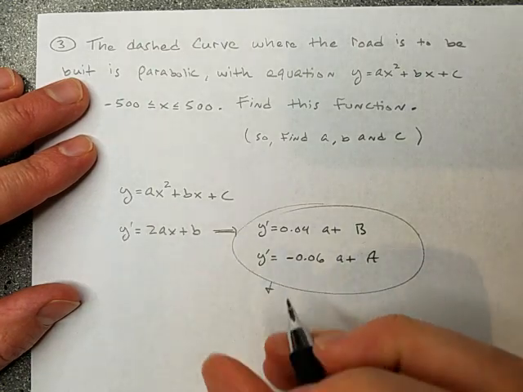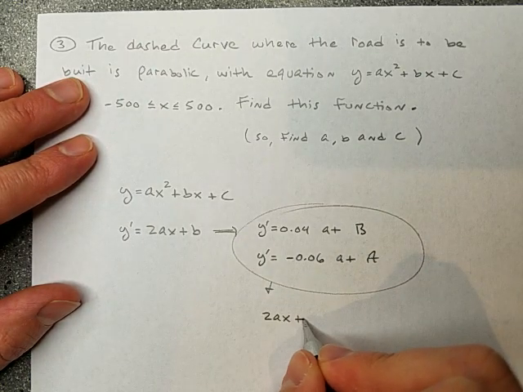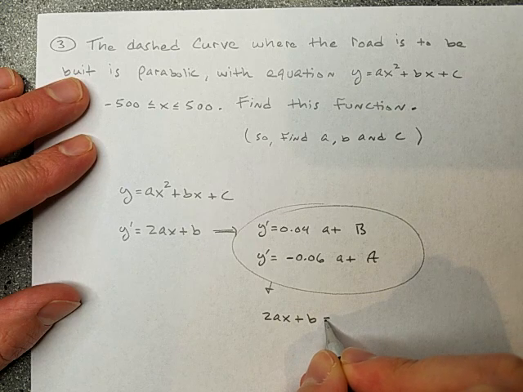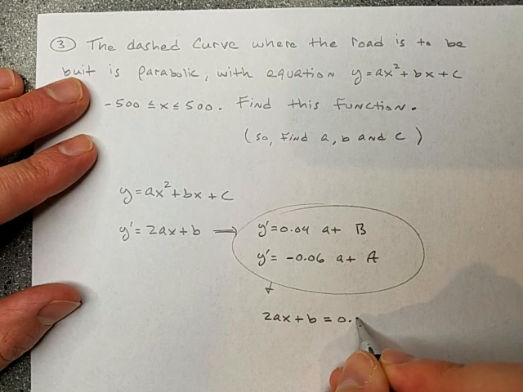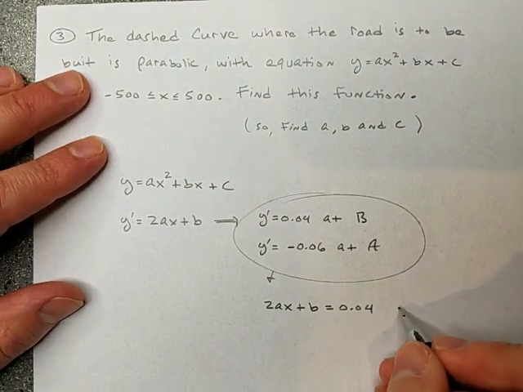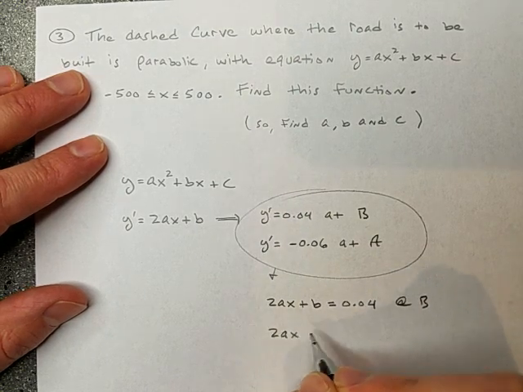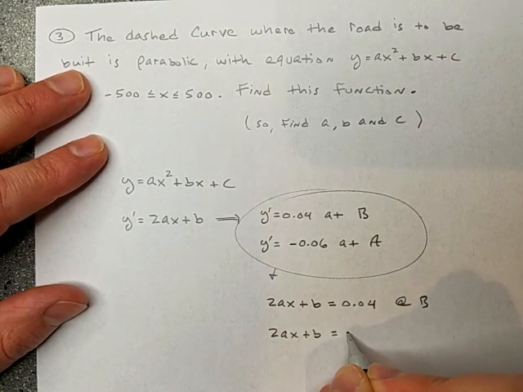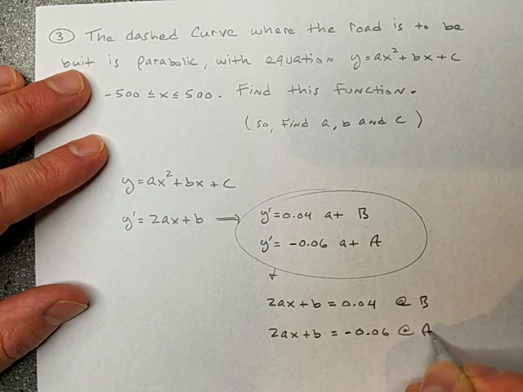What's y prime? 2ax plus b is equal to 0.04 at point B, and 2ax plus b is negative 0.06 at A.